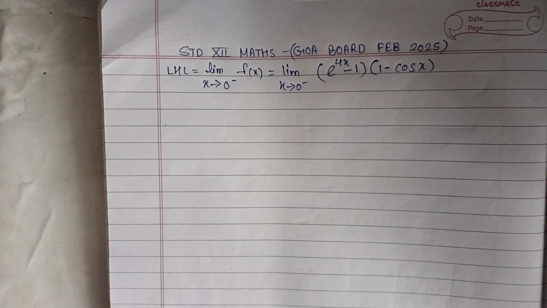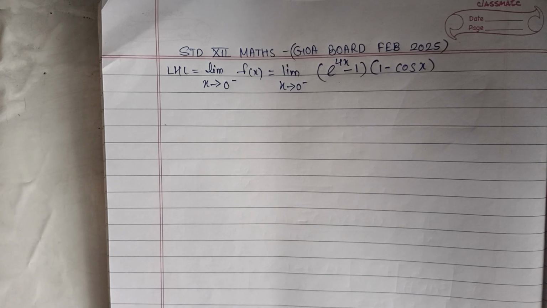So we have to make use of the limit formula here, that is e raised to x minus 1 upon x as x tends to 0 is 1, right?